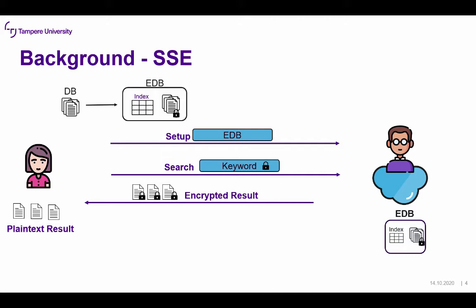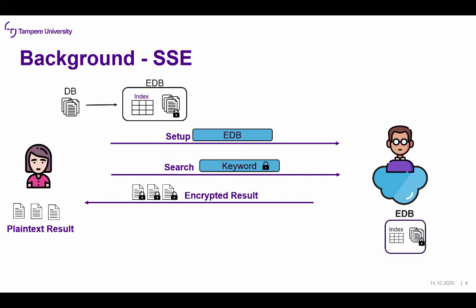The problem with this generic approach of SSE is that when Alice gets back the encrypted result, she gets access to the entirety of the file. So if we assume that the encrypted files are, for example, medical data that contains sensitive information about some patients, we would not want Alice to access the whole document, but only those parts that she's authorized to.